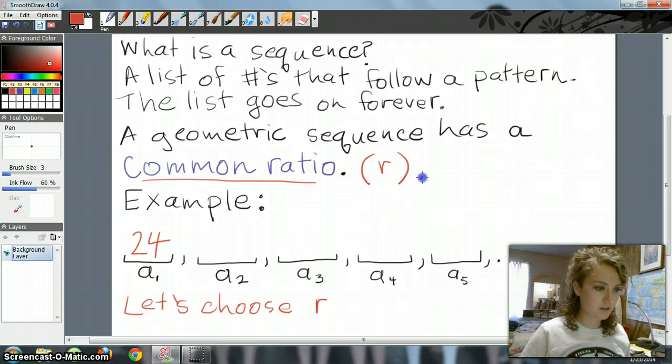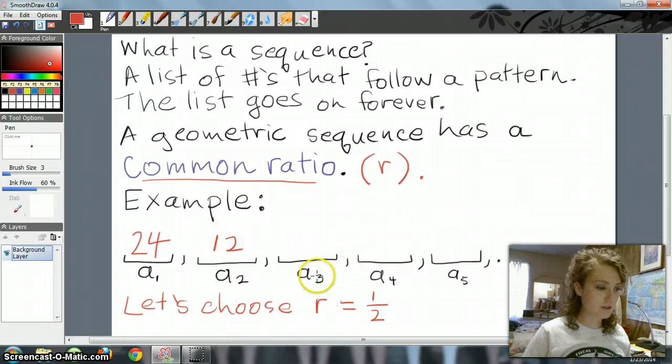To be equal to 1/2. That means that to get from the first term in the sequence to the second term, we're going to multiply by the common ratio. So 24 times 1/2 is equal to 12.